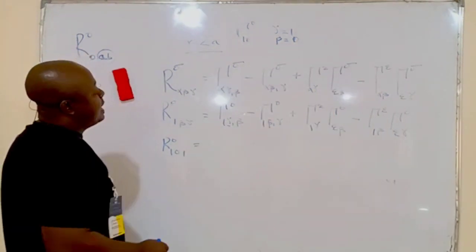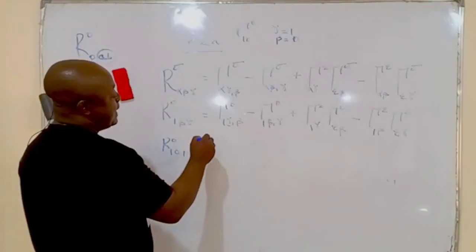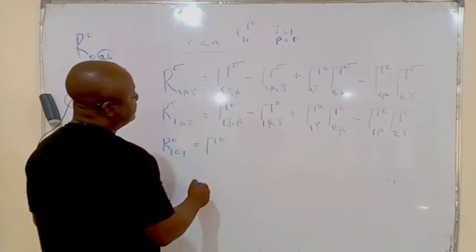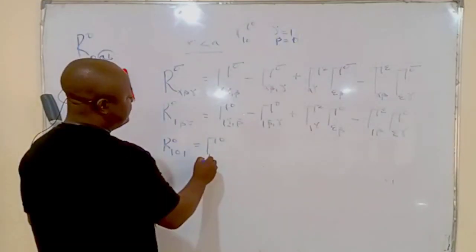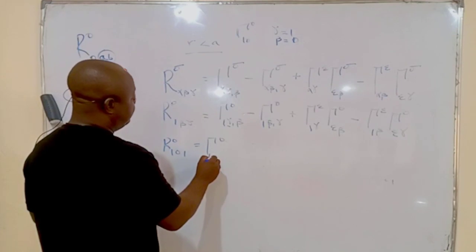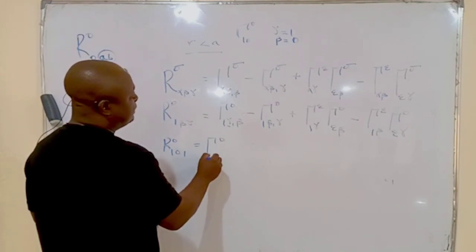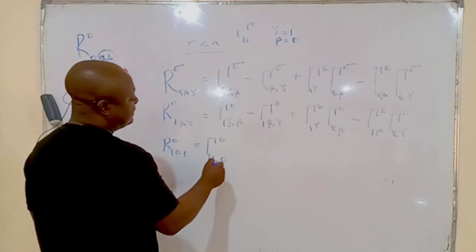Which is the same as we have 0, we have 1, we have our gamma is what? 1. This one is not there.